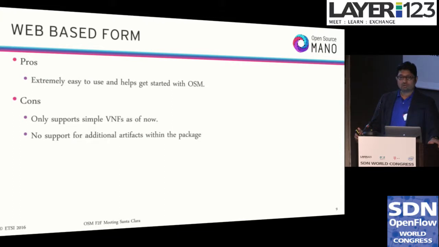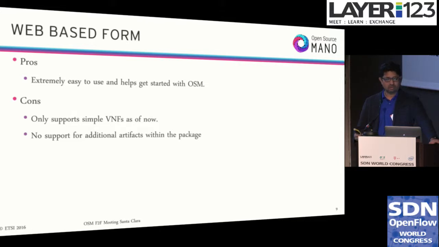So it's extremely useful. As I mentioned earlier, a given package is a tar.gz file. So it is a compressed file with specific checksum information in it and specific descriptor files in it. The web-based utility actually helps you get a very basic VNFD going. And then you can edit it and make a lot of modifications to take it to the next level.